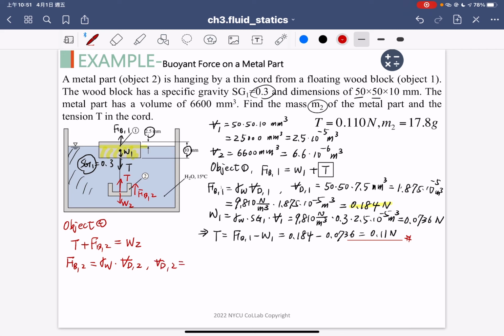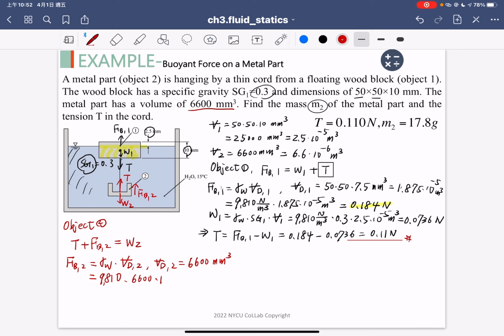Because we know that the total volume of the object here is 6,600 millimeter cubed. So we can compute the buoyant force for the object 2: 9810 multiply 6,600, and we need to convert the millimeter cubed to the meter cubed.